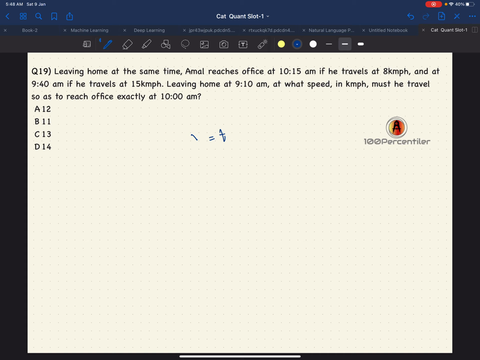So let the distance be x. Therefore, x upon 8 is equal to t, and x upon 15 is equal to, so 10:15 am is 35 minutes more than 9:40 am. So this will become t plus 35 minutes, which is 7 upon 12 hours.